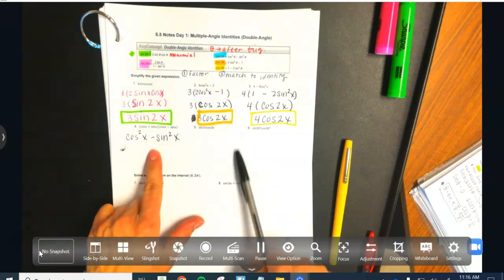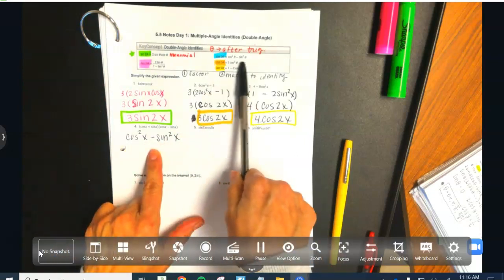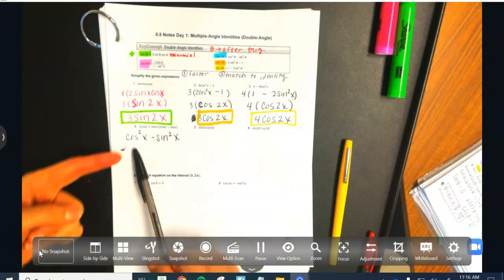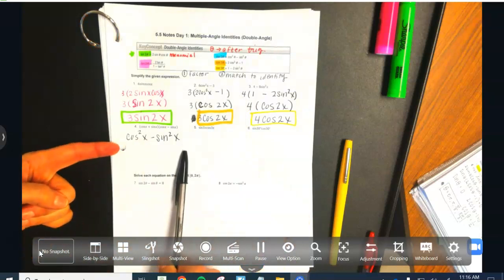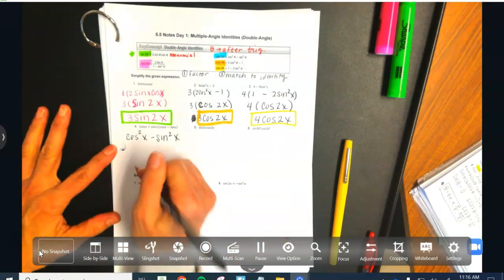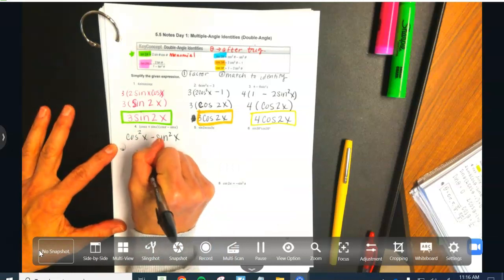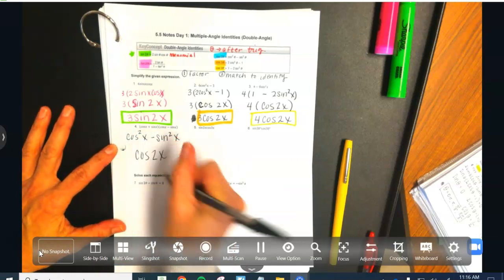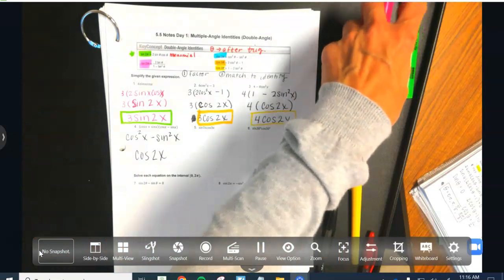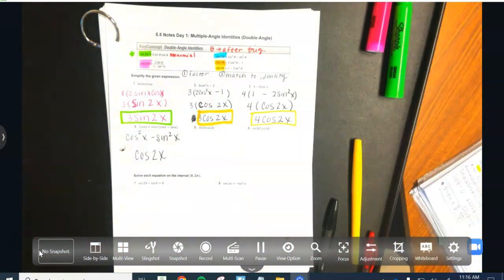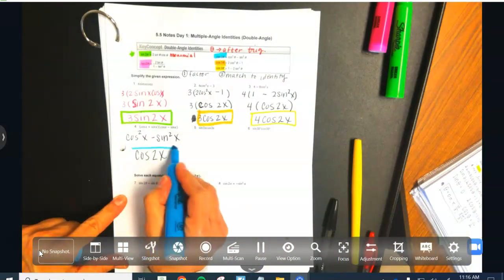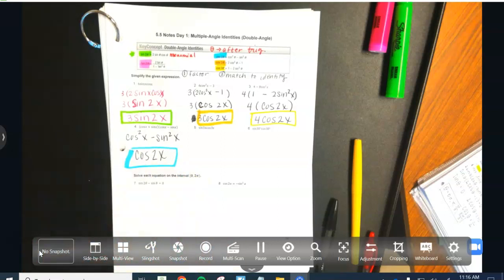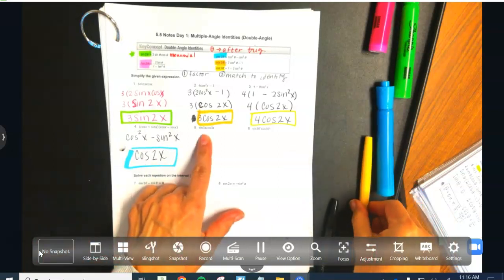And when we FOIL that, we get exactly this top trig property up here. So this just really simplifies into cosine 2x. And that's it. Just going to box that in blue because that is what it matched. All right, let's take a look at the next one.